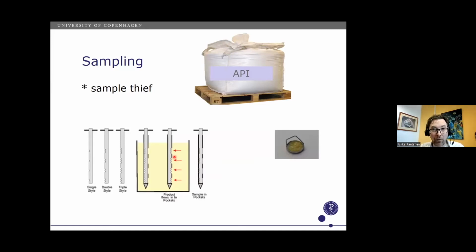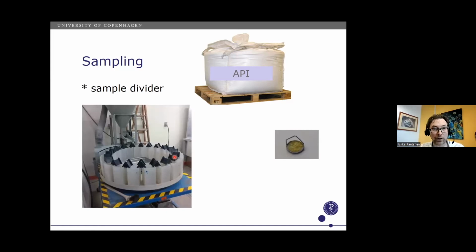With a sample thief, you have a metallic device that you place in a powder and then rotate it, and a few holes open in there. Then you can collect from different heights and different parts of the powder bed. By increasing the number of samples, you increase the likelihood of getting a representative overall sample.